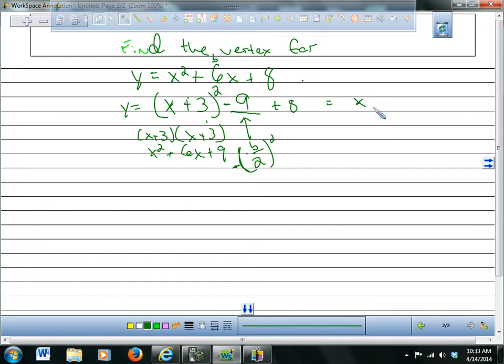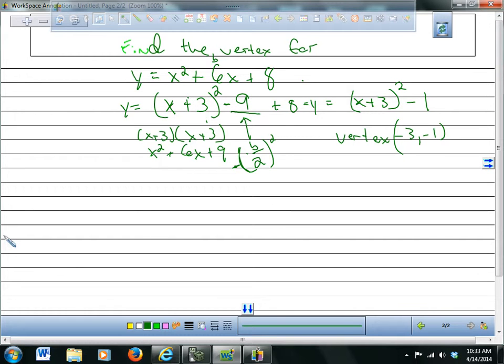Y equals x plus 3 squared. What's minus 9 plus 8? Negative 1. So here, now I have the parabola. Y equals x plus 3 squared minus 1. Where's the vertex? Negative 3, comma, negative 1. You follow that?